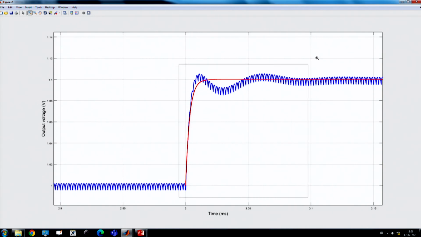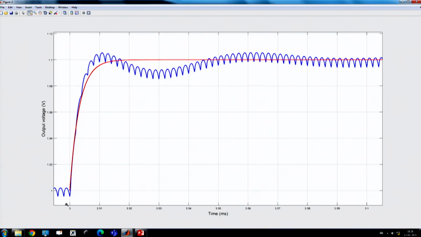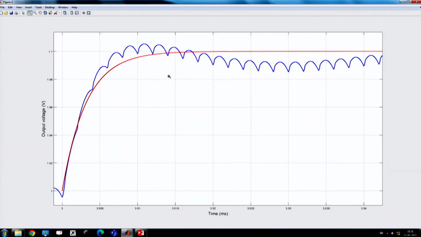You see the response is matching to some extent, because we are trying to achieve a first order system. The loop transfer function is simply gain by integrator, which is minus 20 dB per decade, so the closed loop system should be first order.